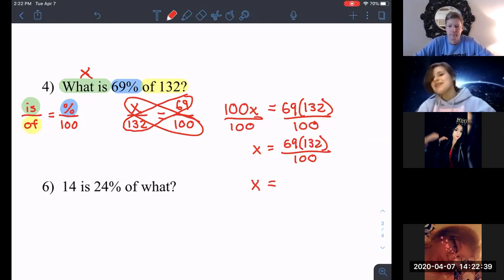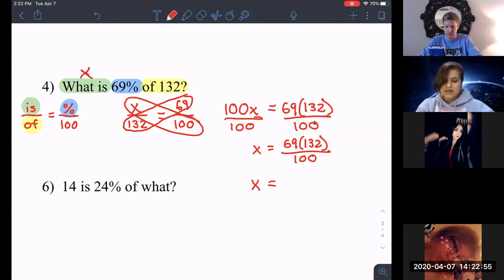Wait, how do you type that in? So you can do 69 times 132 first, and then take that answer, divide it by 100, or you can just do it all at the same time.